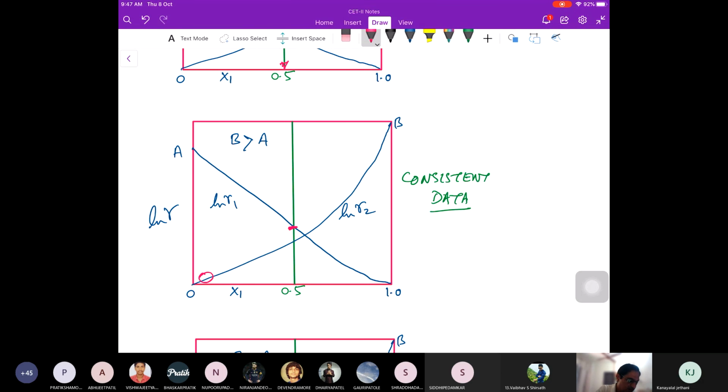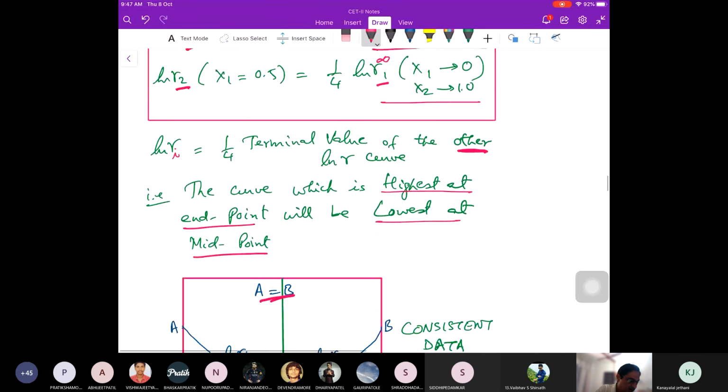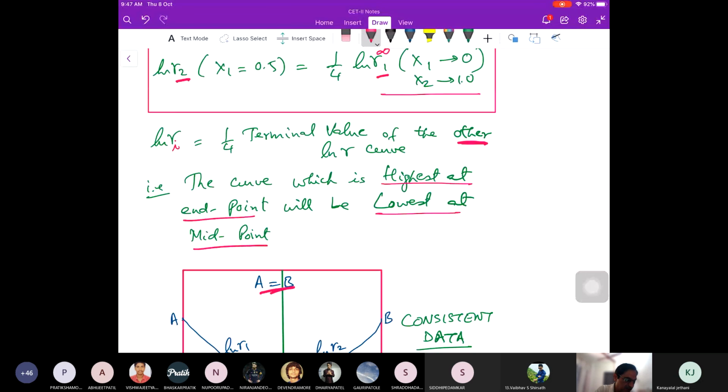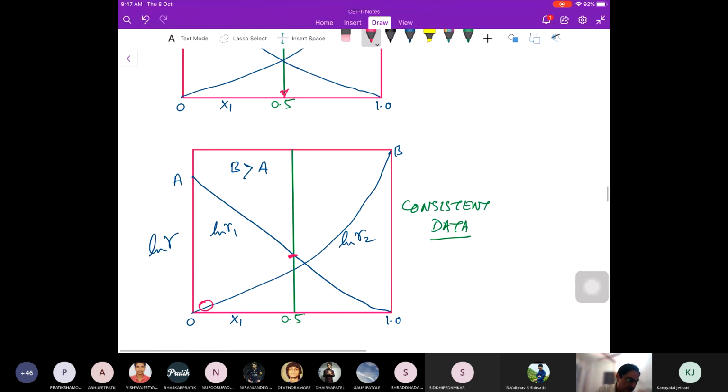Okay. So what is the second condition? The curve which is highest at the end point will be lowest at the midpoint, right? The end point is this side. The curve with the higher value here will have the lower value at the midpoint.